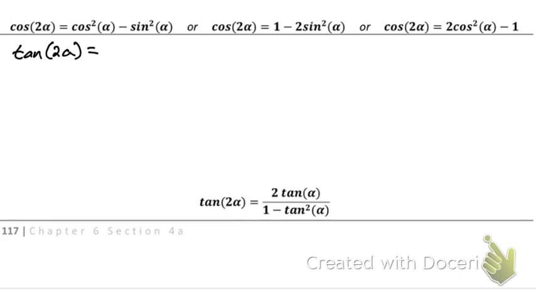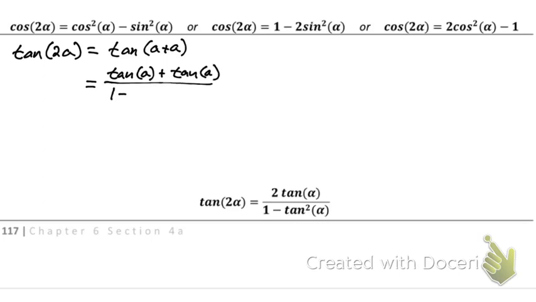All right, so I have tangent 2A, which you would write as tangent of A plus A, which is then going to equal, using that formula, tangent of A plus tangent of A all over 1 minus tangent A times tangent A. That's a formula you should have memorized for yesterday's test.